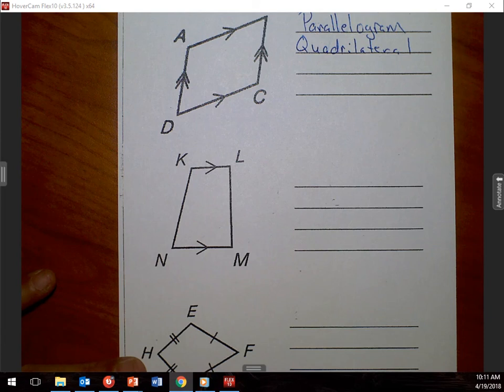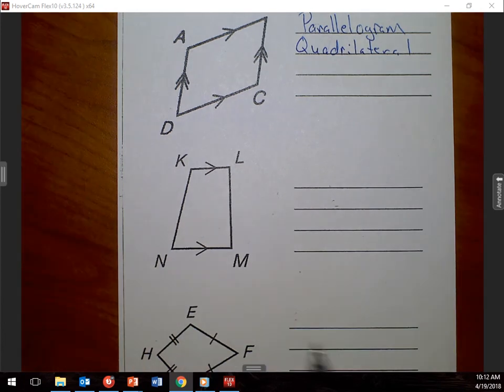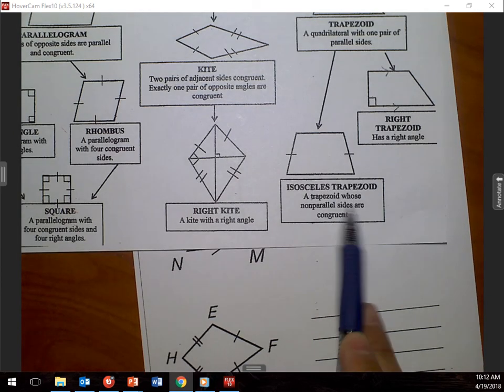What do you think this one is? Is it isosceles? No. How would you be able to know it's isosceles? Because they would have non-parallel sides. Okay, it's got parallel sides, but what about the other sides? Non-parallel sides are congruent.